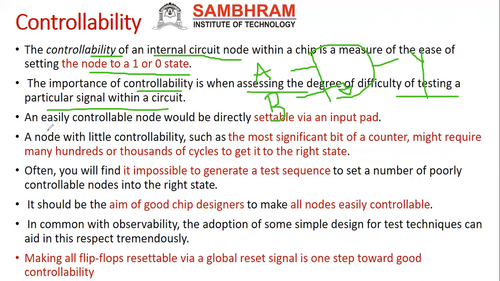An easily controllable node would be directly settable via an input pad. Internally, the node is set to VSS or VDD, and I can do that by externally applying a value at the pad.